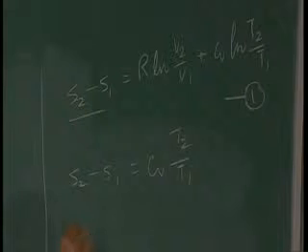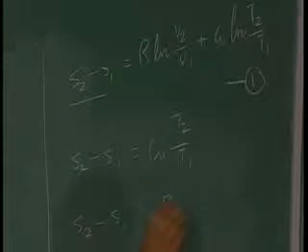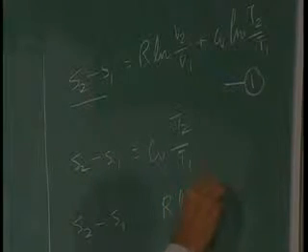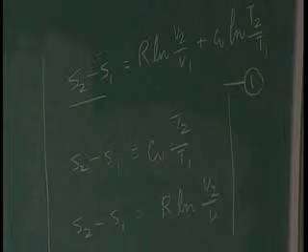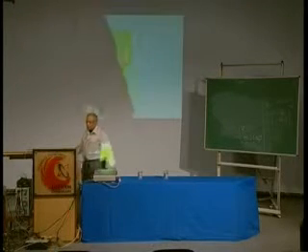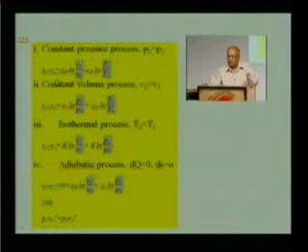For a constant temperature process, S2 minus S1 would be equal to R log V2 by V1, and similarly other relations can be drawn as shown here in the sheet.